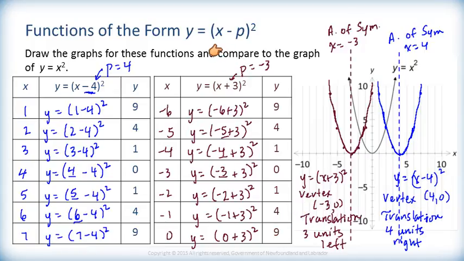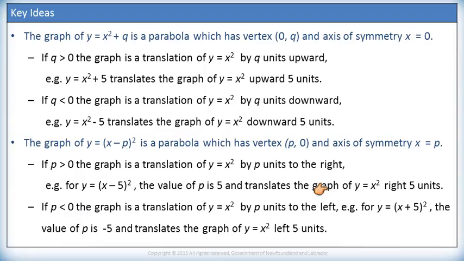So we take the opposite sign of what's in the brackets for our p value. To conclude, the graph of y equals x squared plus q has vertex at 0, q. The graph of y equals x minus p squared has vertex at p and 0. And that one changes the axis of symmetry to x equals the p value.